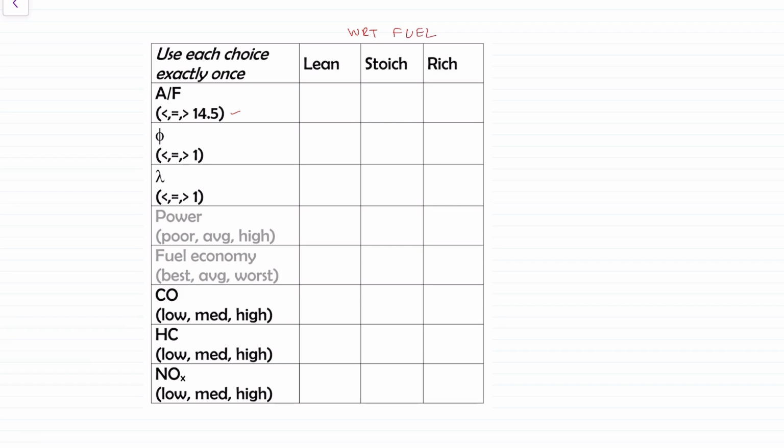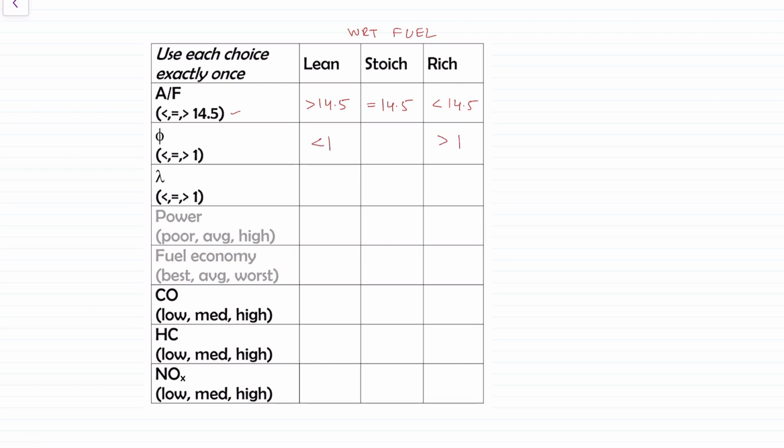For stoichiometric, we know it's 14.5. When it's fuel rich, there's more fuel, so this will be less than 14.5, and fuel lean will be greater than 14.5. For equivalence ratio, if phi is greater than 1, then it's fuel rich.